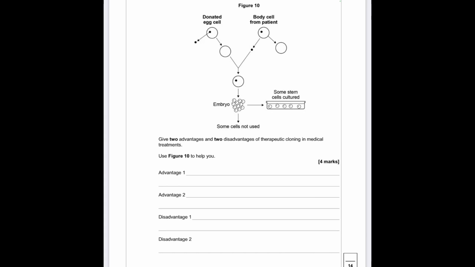So the first advantage that we could say is that we could use this type of therapeutic cloning to maybe cure medical conditions or cure diseases. The second advantage we could say is that because we're using the body cell from the patient, there's less chance of the treatment being rejected.